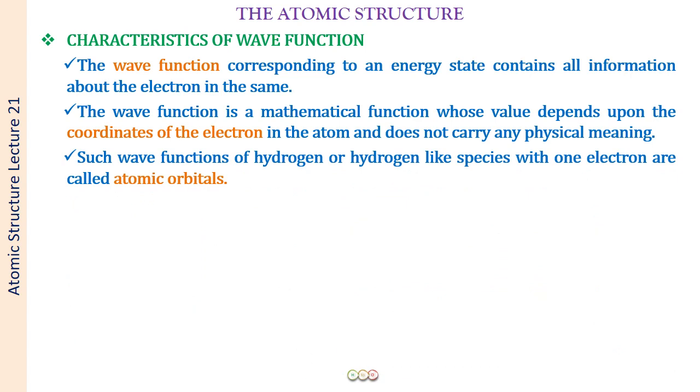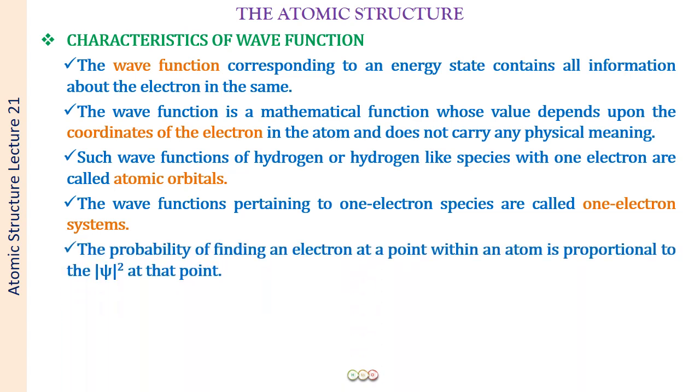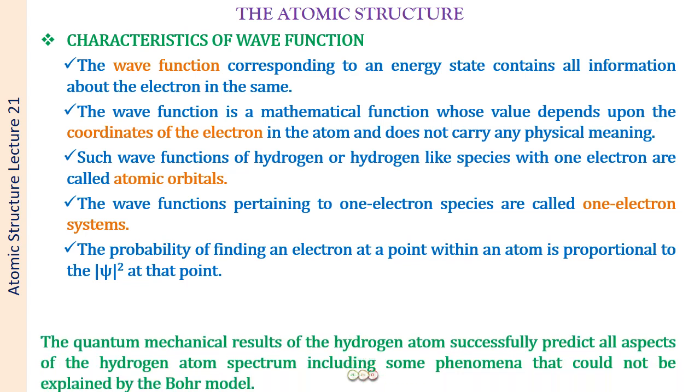Then such wave functions of hydrogen and hydrogen-like species with one electron are called atomic orbitals. The wave functions pertaining to one electron species are called one electron systems. The probability of finding an electron at a point within an atom is proportional to the mod of psi square at that point.